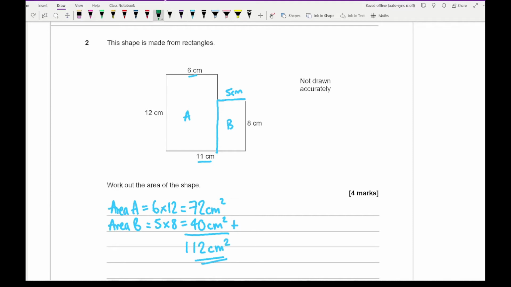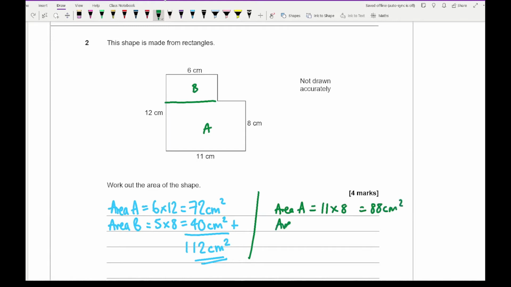Now if I went for the second option, let's just get rid of the labeling for this, and say I split the rectangle this way. So let's call this A and B. Here the area of A is going to be 11 times 8, which is 88 centimeters squared.